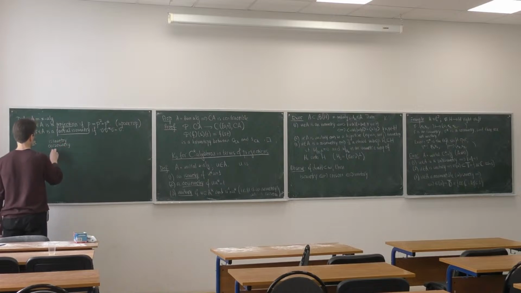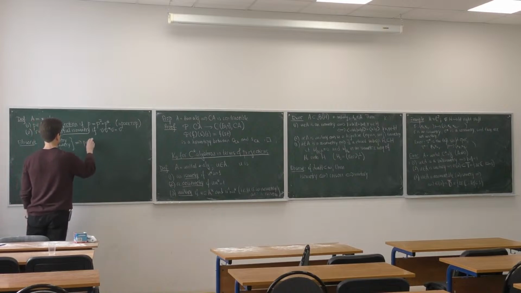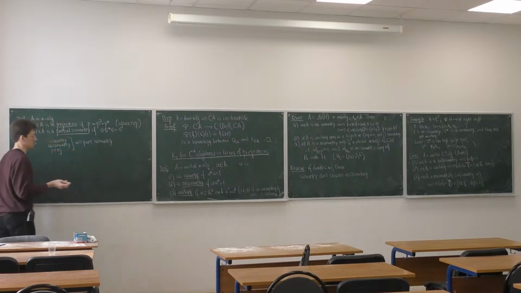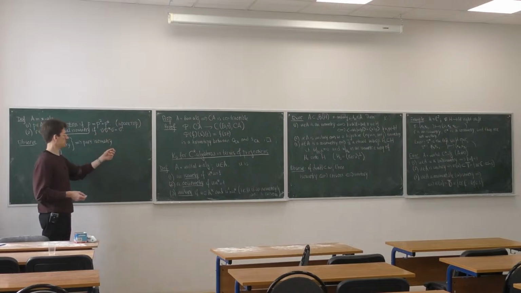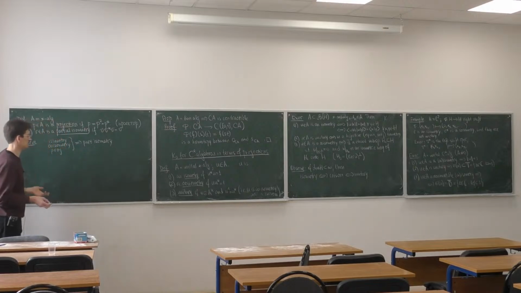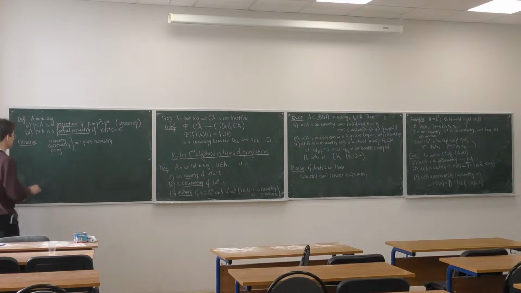And every projection is also a partial isometry. Indeed, if V is an isometry, then this product is 1, and we get V here. If V is a co-isometry, then this product is 1. And if V is a projection, then we have V V V, but V is idempotent, so this is also V. So this is our first observation.